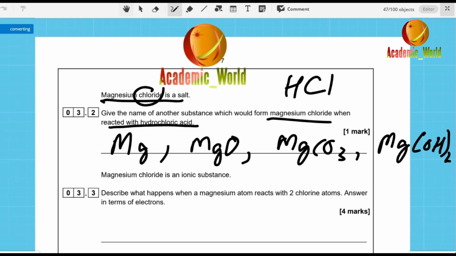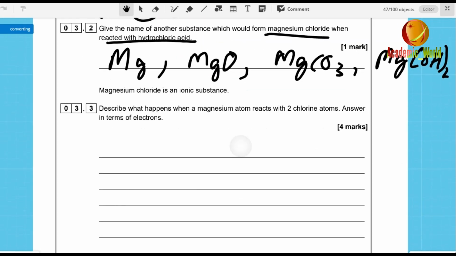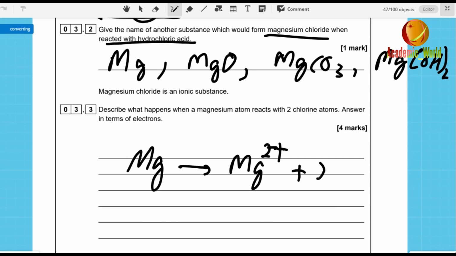Now magnesium chloride is an ionic substance. Describe what happens when a magnesium atom reacts with two chlorine atoms. Answer in terms of electrons. I'm just showing it with the equation. Mg will lose the 2 electrons to get the positive 2 charge, and these 2 electrons are gained by each chlorine.